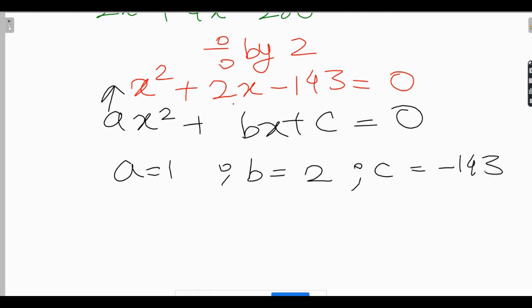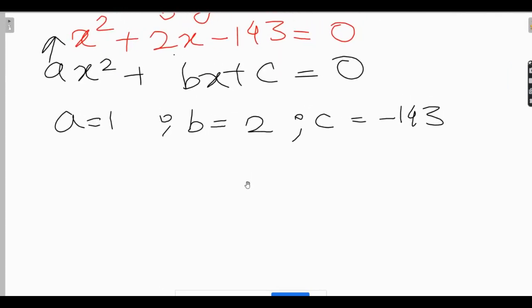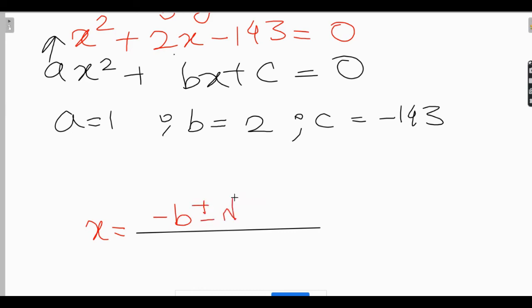Now I can write the formula. This is your standard equation. I've just compared our equation with the standard equation. Now I'm writing the formula. The formula is pretty simple, isn't it? The formula is x is equal to minus b plus or minus square root of b square minus 4ac upon 2a.